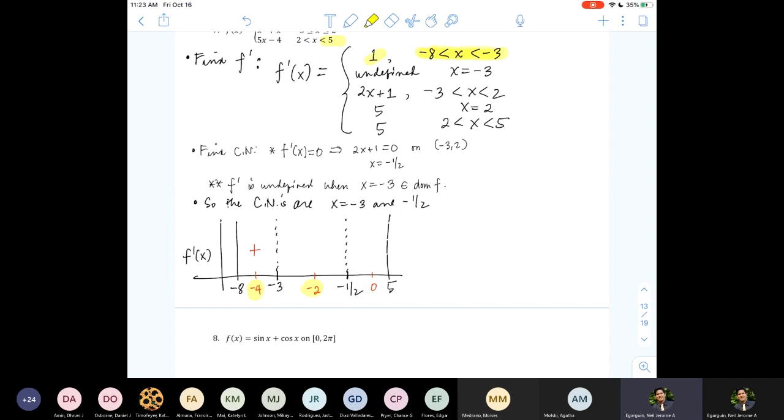Oh, sorry, -2 belongs here on the third condition, where the derivative is 2x plus 1. If you plug in -2, you get a negative answer. And then 0 belongs in this interval as well. If you plug in 0, we get a positive sign, and that's it.